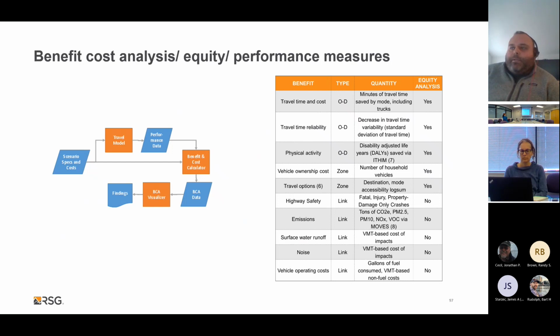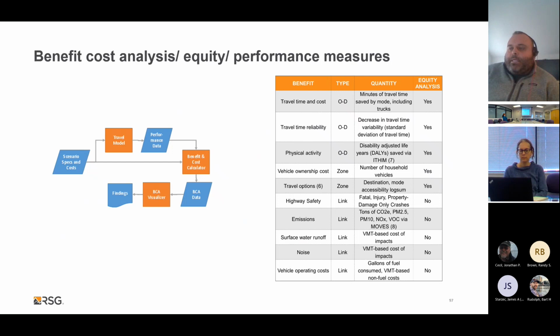We can look at highway safety and integrate that into travel demand model outputs, where we're calculating what the benefits of a project might be on fatal injury, and property damage only collisions. We can estimate the impacts on emissions. So a project might reduce or add to tons of CO2 or PM2.5, nitrous oxide and VOCs.